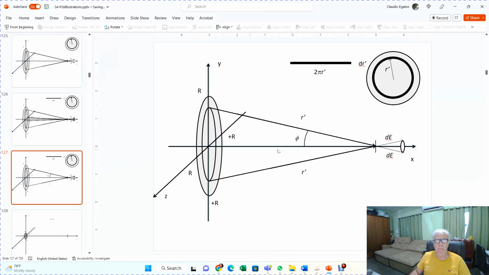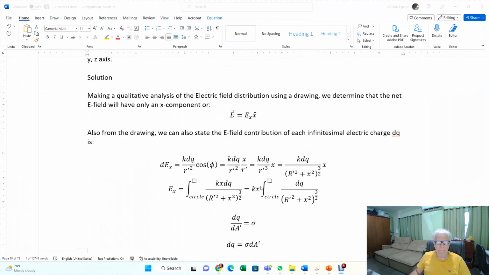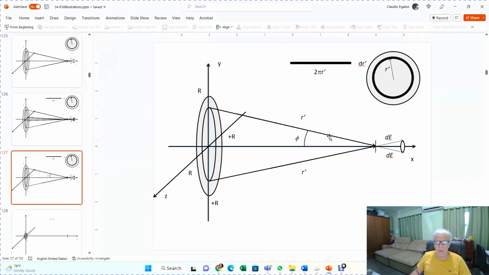But the r prime from the cosine combines with the r prime of the electric field, so you end up having a cube. Recall that r prime squared should be equal to x squared plus R squared.